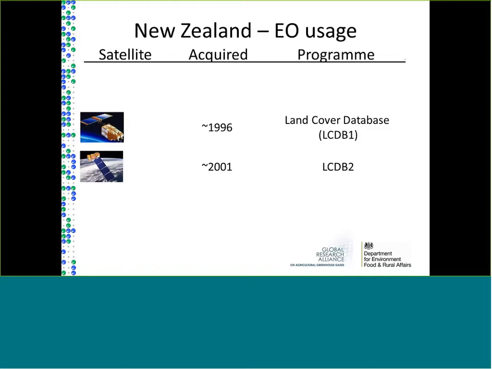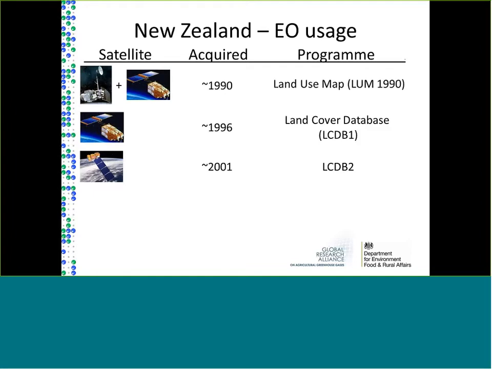And although it has a lower spatial resolution, it's 30 meters versus the 20 meters that had previously been used from Spot 3, the benefit was it has a far wider spectral range, including shortwave infrared and thermal infrared information to help with the classification. So that was perceived as balancing the significant loss in spatial resolution.